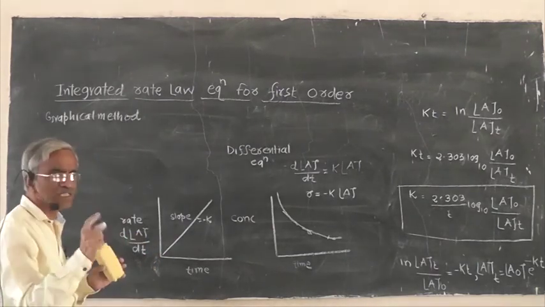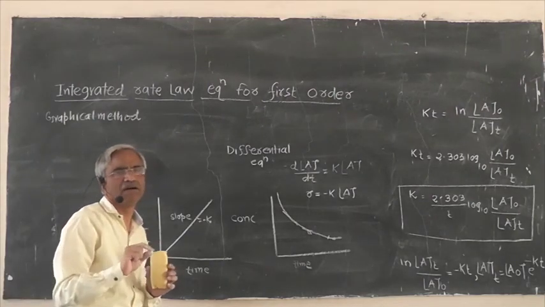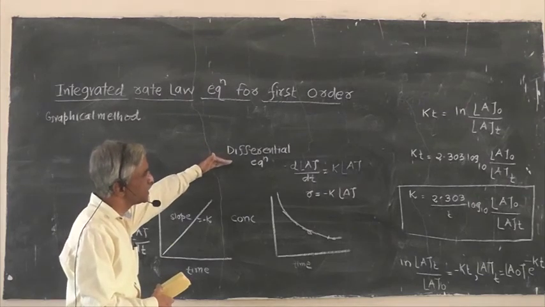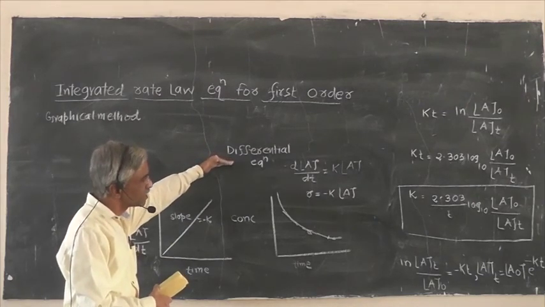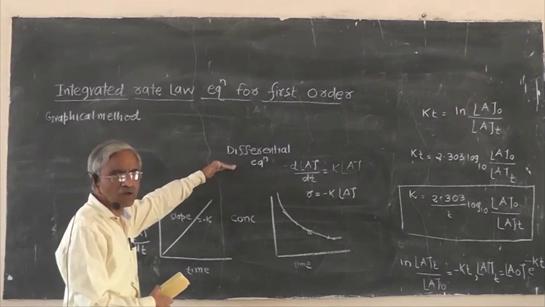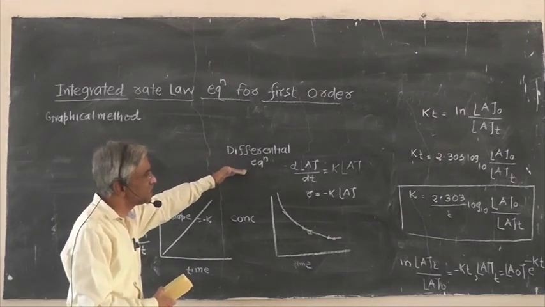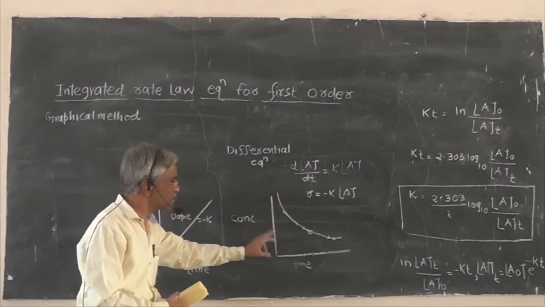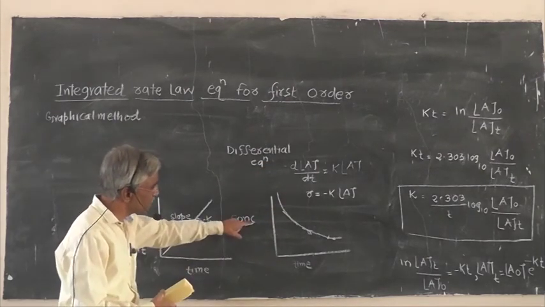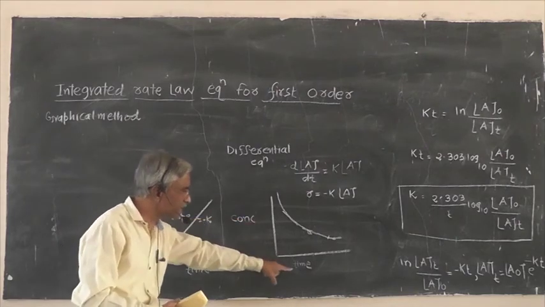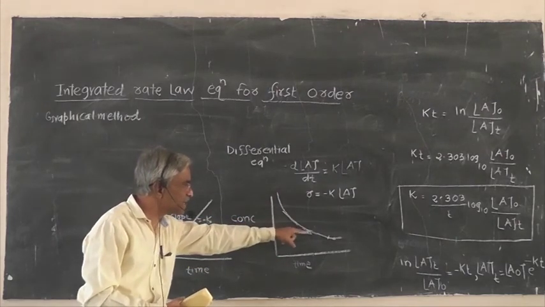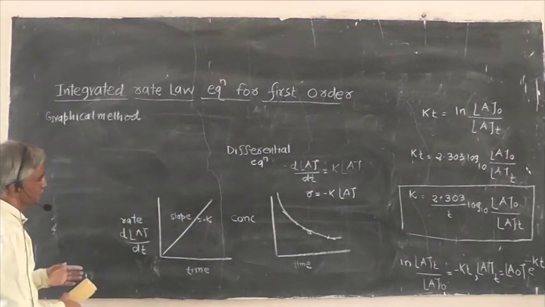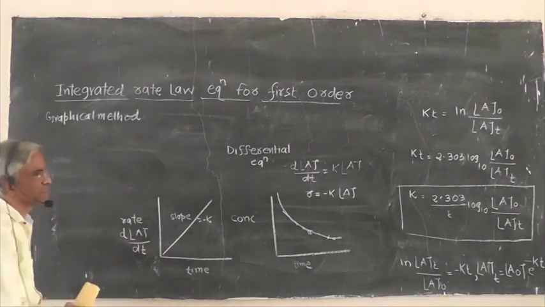Since we already have a differential equation for the first order, I have explained how to determine that the reaction is first order even according to the differential equation. Here we take concentration, here time, then take the different tangents and take the instantaneous rate there, and then plot rate versus time.